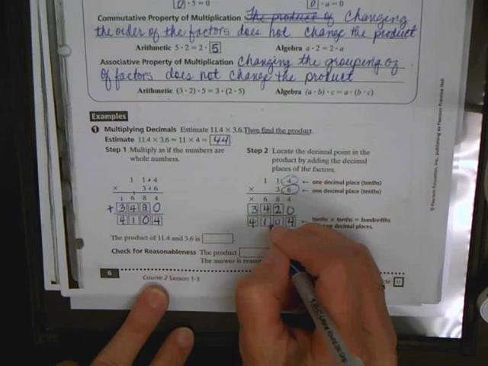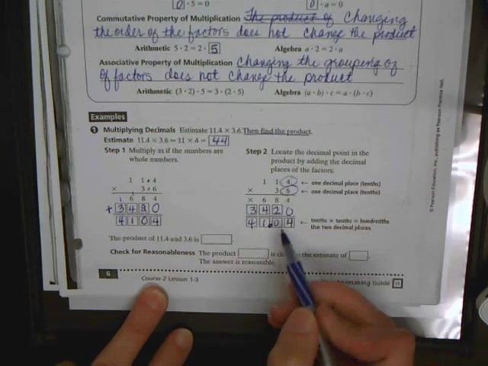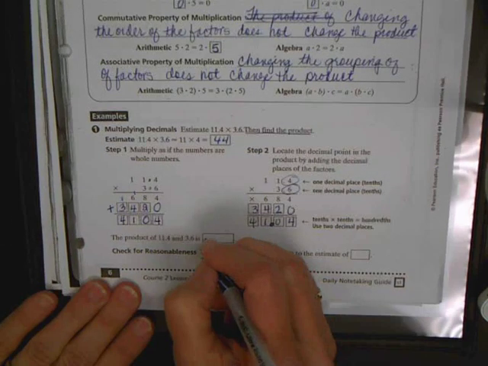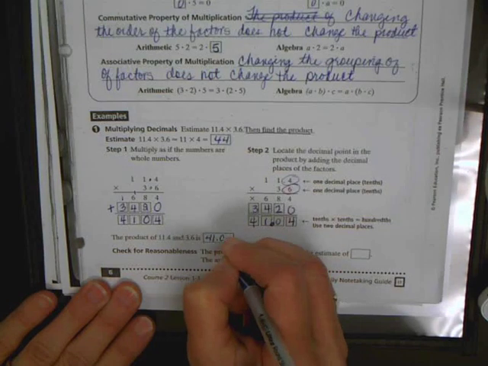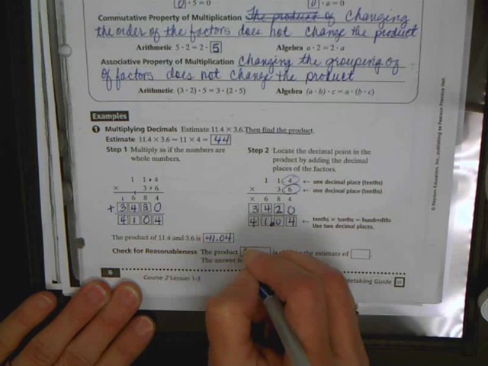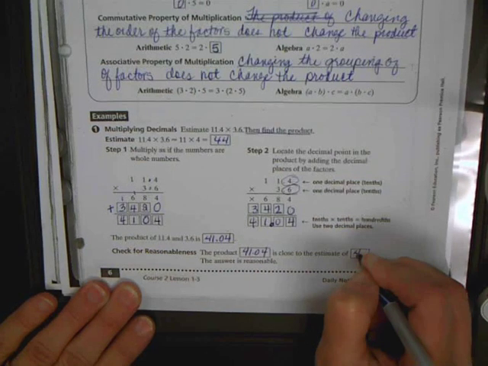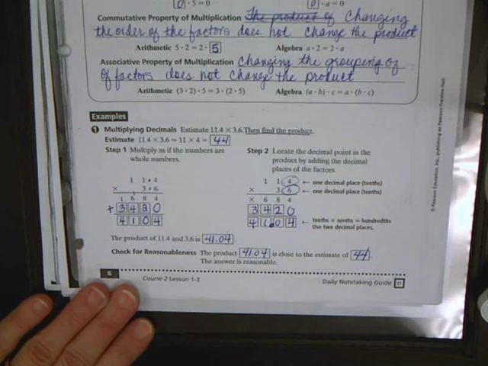So that means there needs to be a total of 2 decimal places, 1, 2, behind the decimal point in my answer. Okay, so the product of 11.4 and 3.6 is 41.04. The product, 41.04, is close to the estimate of 44, so it's reasonable.